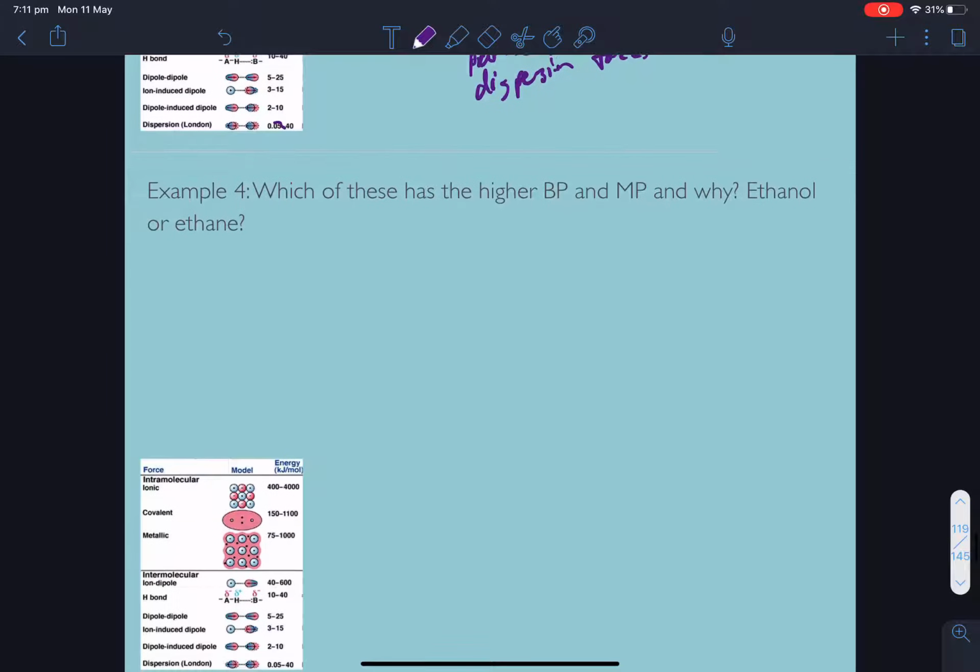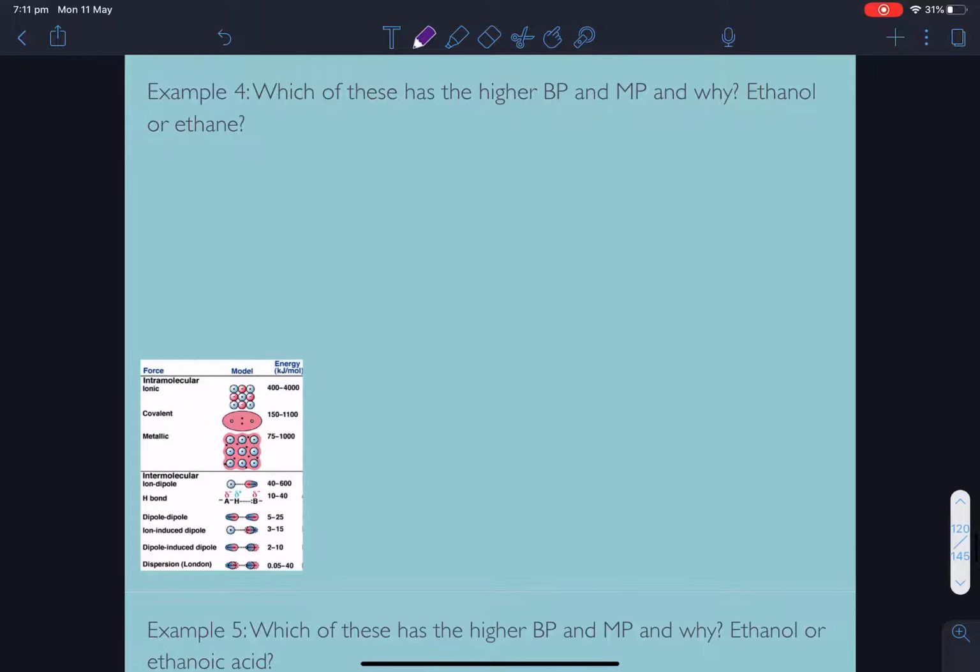Okay. Example 4, we've got ethanol and ethane. You don't know the structure of these, so I'm going to draw them out. Ethane is one longer than methane, so it has 2 carbons in its backbone. Don't worry, we'll get to this coming soon. And ethanol has something extra on there.